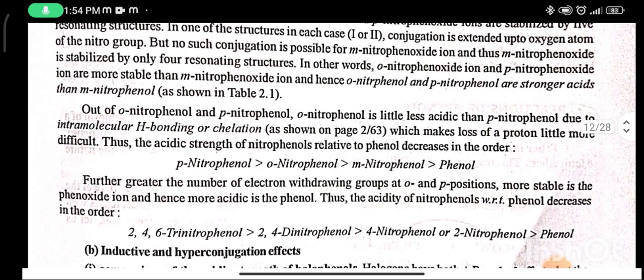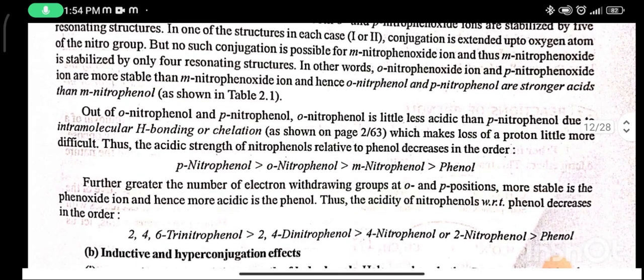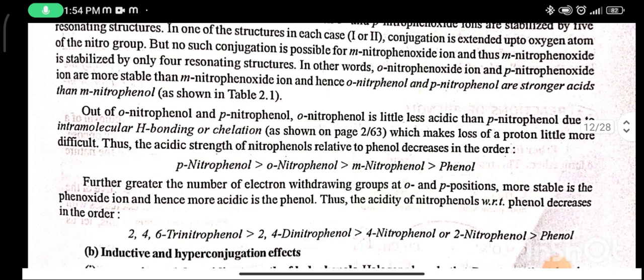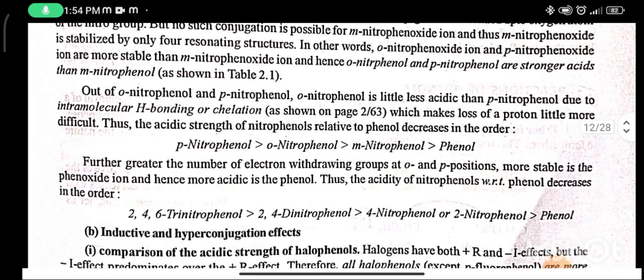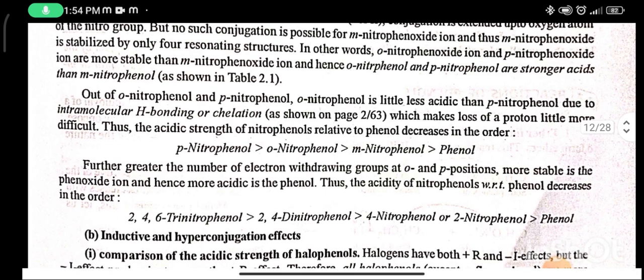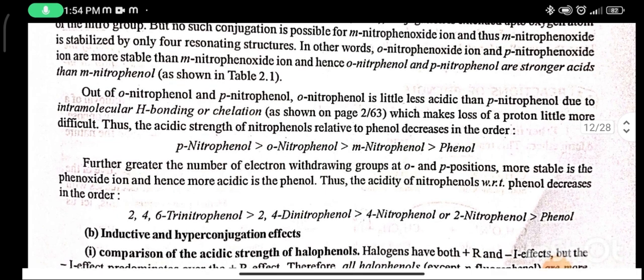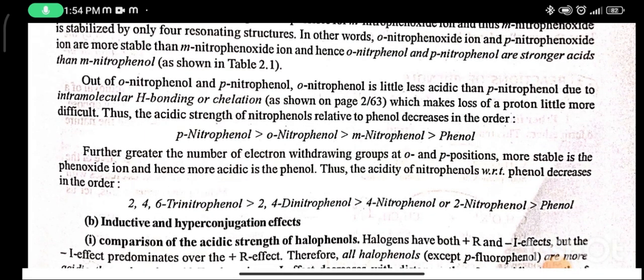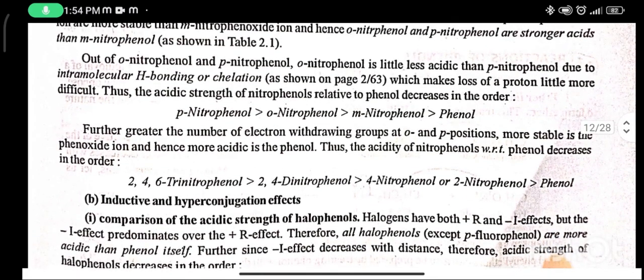In one of the structures, in each case, the conjugation is extended up to the oxygen atom of the nitro group, but no such configuration is possible for the meta-nitrophenoxide ion, and hence the meta-nitrophenoxide ion is less stable, and so orthonitrophenol and paranitrophenol are stronger acids than metanitrophenol.